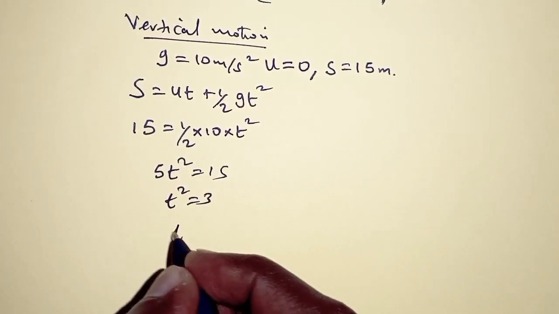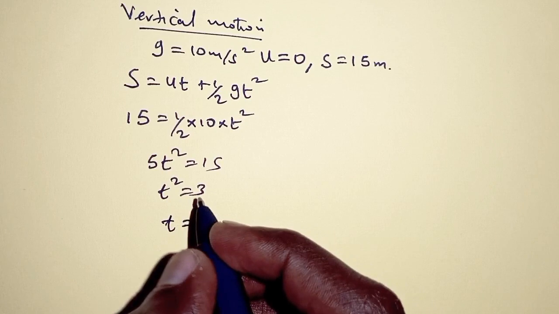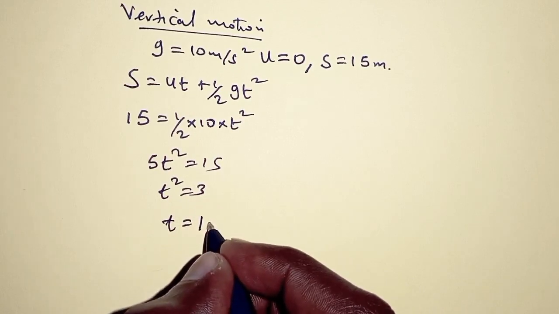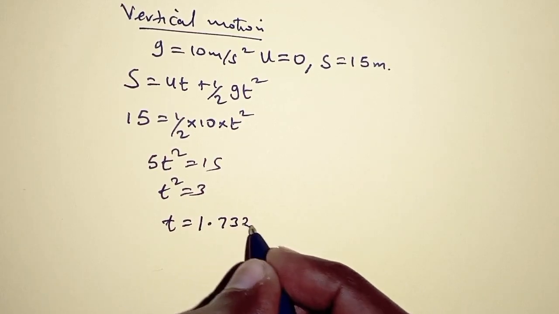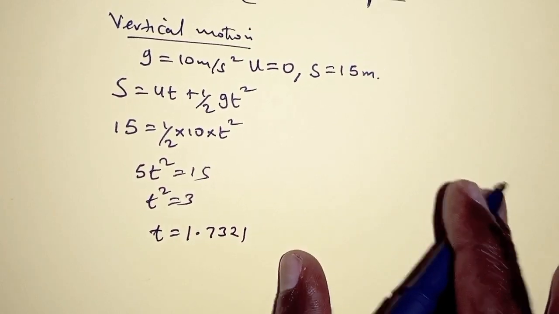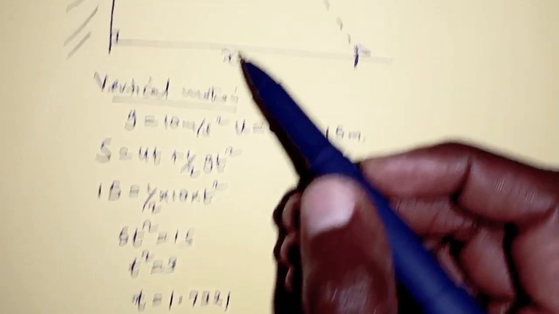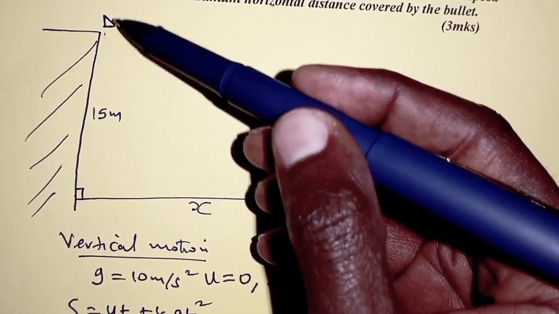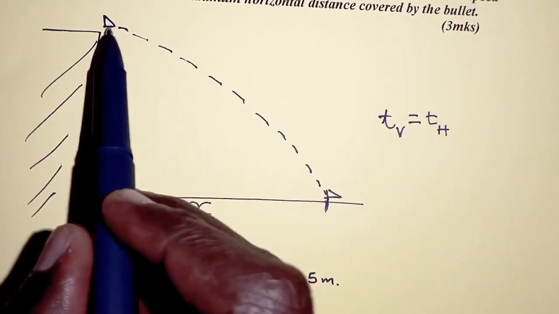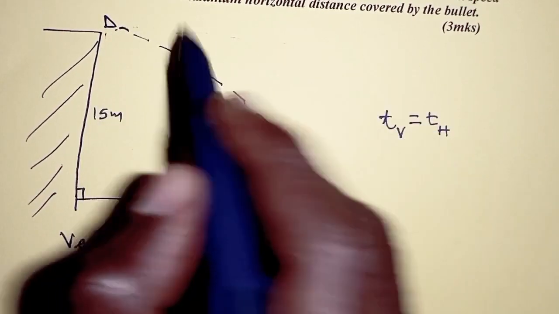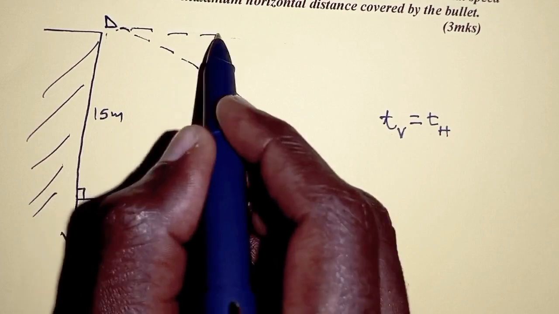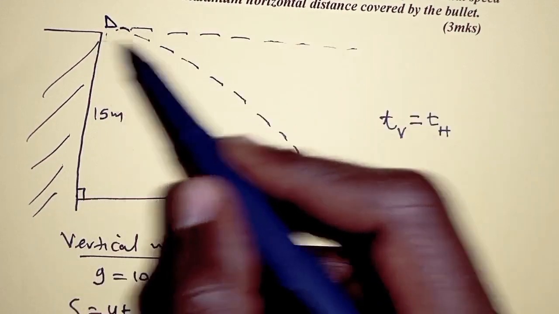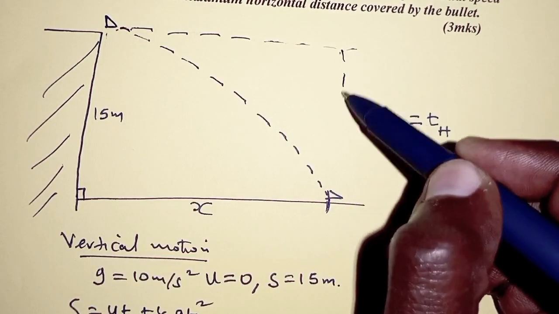From here, from my calculator, t is 1.7321. So this is the time taken by the bullet to move vertically from this level here up to the ground.